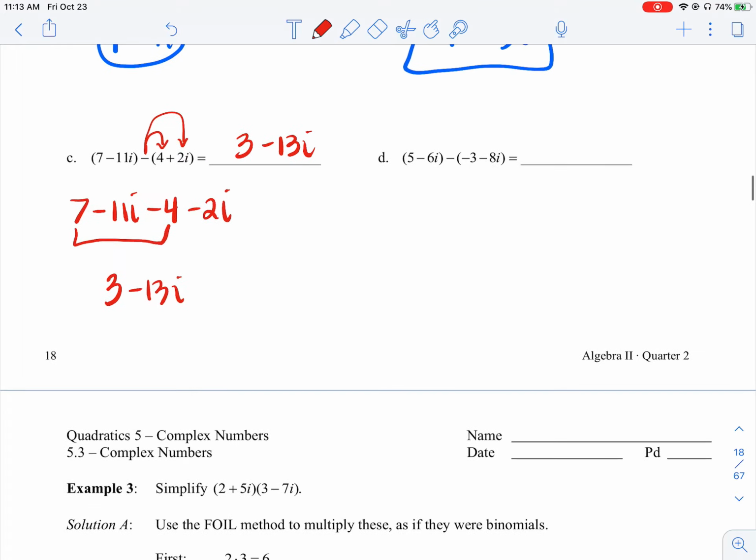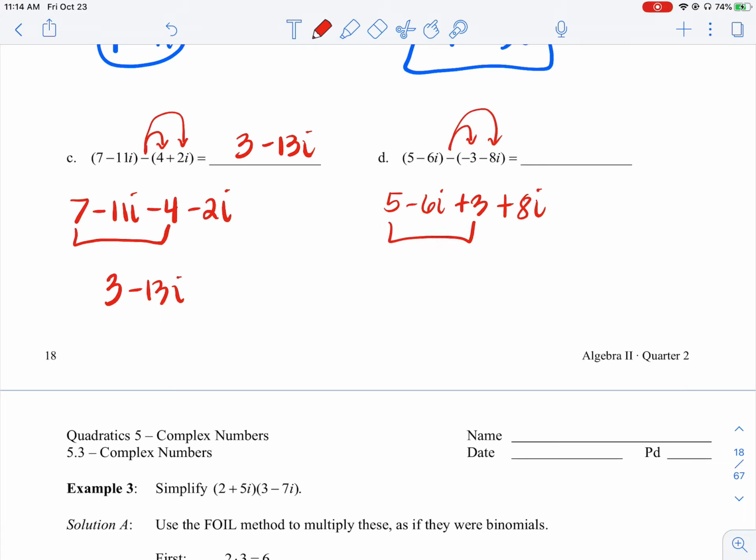Let's do another one. We have to distribute that negative right there. So I have a 5 minus 6i, and then I'll distribute the negative. Negative times negative 3 becomes a positive 3. Negative times another negative is a positive 8i. And then I'll combine terms that are the same.